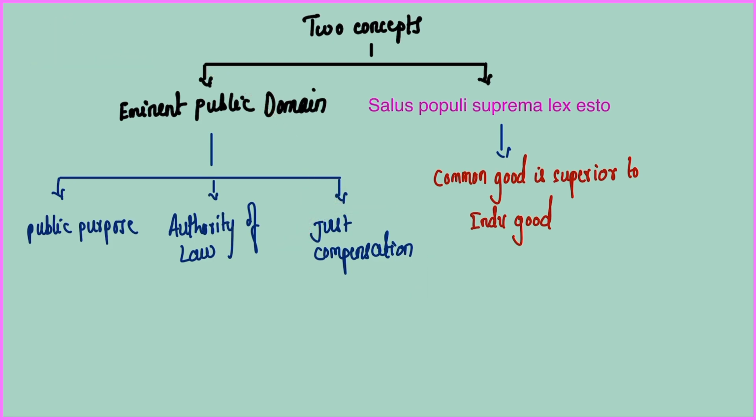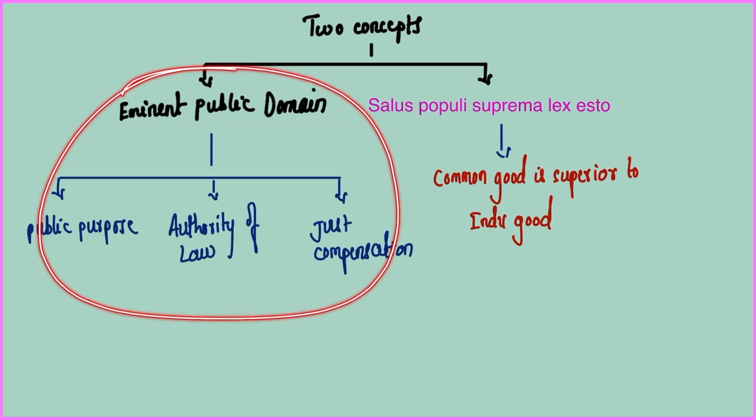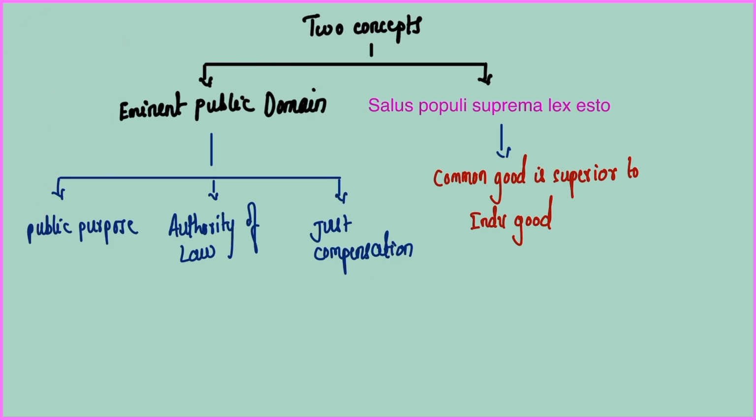And this was the principle which was eminent domain, right? Now, Government of India introduced this principle of eminent domain in Constitution of India. In the next section of the video, I will tell you how that has been included in the Constitution of India, right?